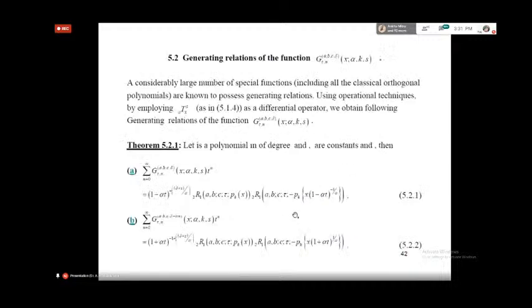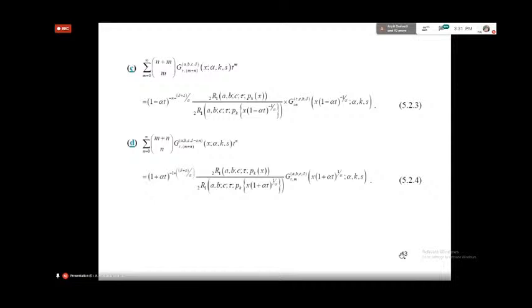So finally we will get 5.2.1, and the second one is 5.2.2, and this is from this book, 5.2.3. Similarly, here n is equal to 0 to infinity.